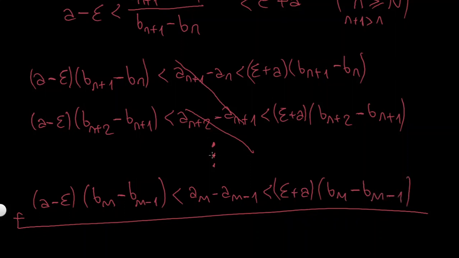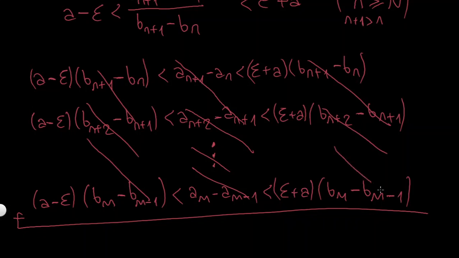So again, like I said, if I just add everything up, this stuff will cancel out. If I look at this side, it's going to be the parentheses of a minus epsilon. Again, this stuff will cancel out, and also on this side, this stuff will cancel out.